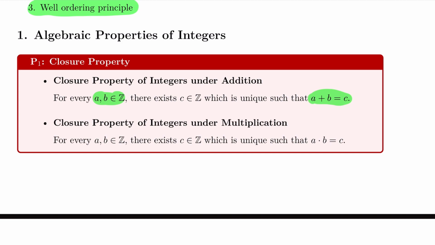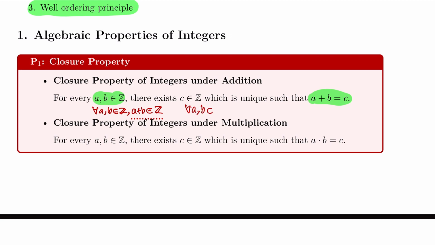Okay, so if you pick these two integers a and b, a plus b is an integer.